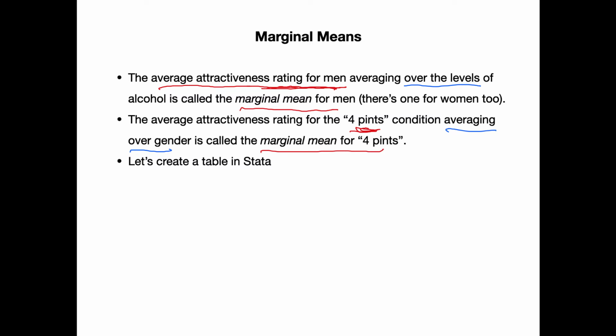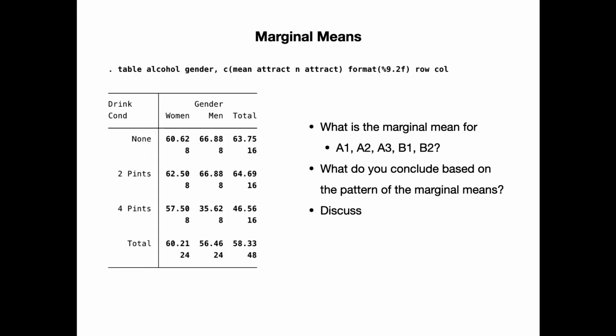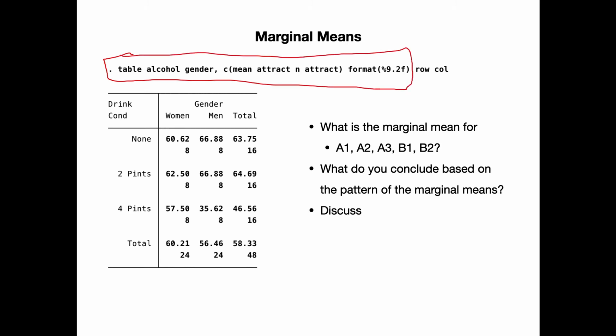So let's create this table in Stata. And I've done this on the slide, so we don't have to go over into the program. Okay? So here's the table. Okay, what I've got here is the command that we've seen. We saw this portion of it in the previous video. So I just have shortened what's in the contents of each cell.